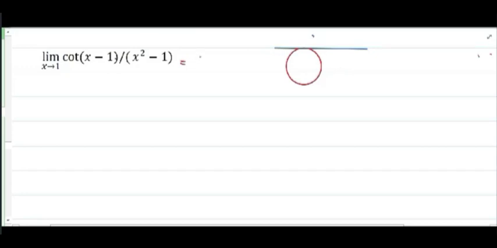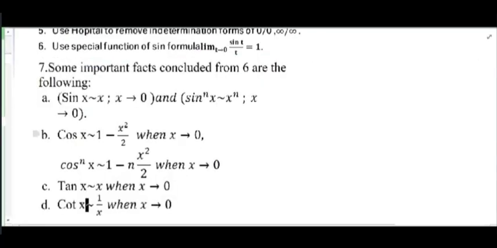Here I have infinity over 0. That is another type of indetermination form. So to get rid of it, I could directly use this formula, where cotangent is equivalent to 1 over x, because I can write cotangent in terms of tangent, so it's 1 over tangent, that is equivalent to 1 over x.